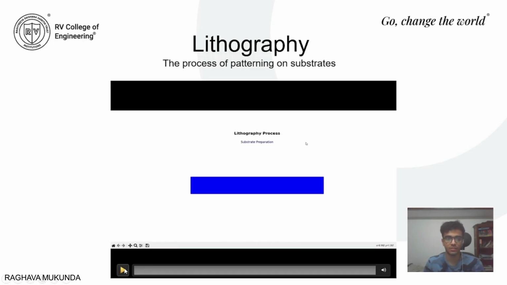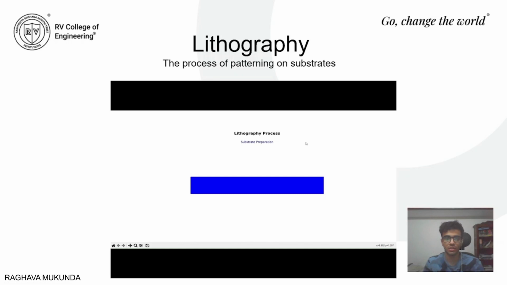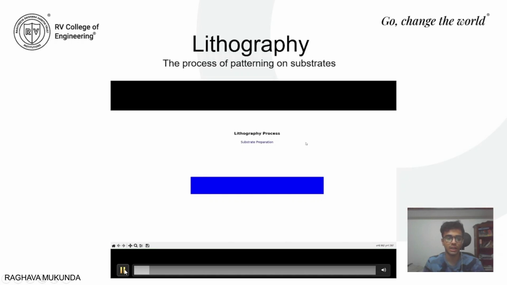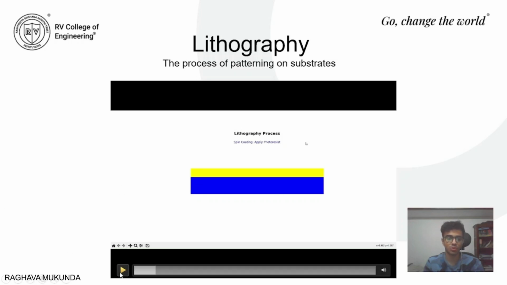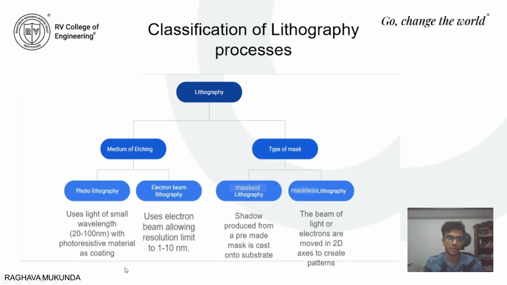To understand lithography, we have a small animation. The substrate is first prepared by cleaning using acetone, and then a thin layer of photoresist is applied using spin coating. This spin coated material is then baked on a hot plate and later exposed to UV, and the exposed areas become more soluble in the first pre-wash solution.